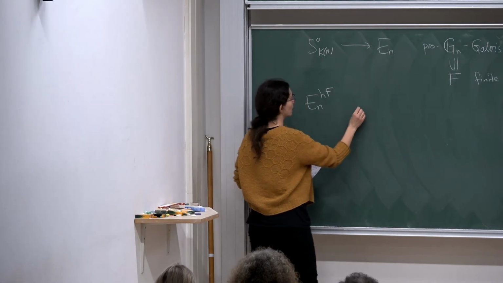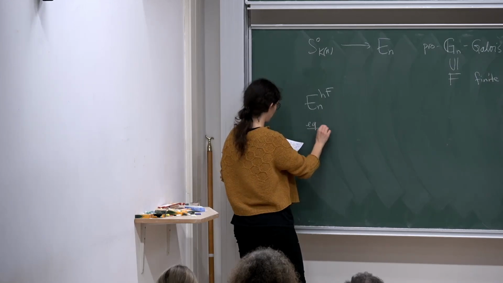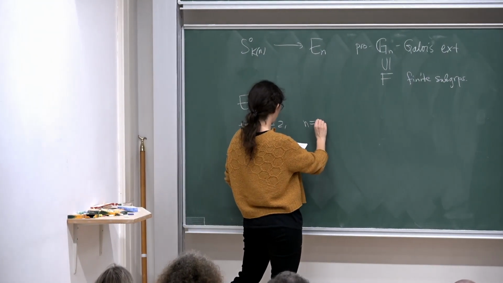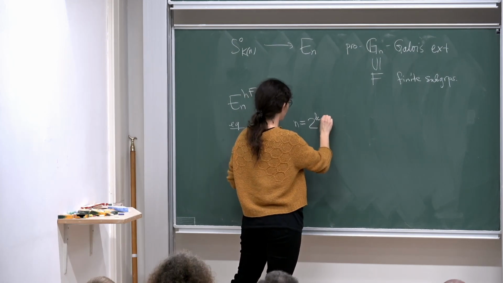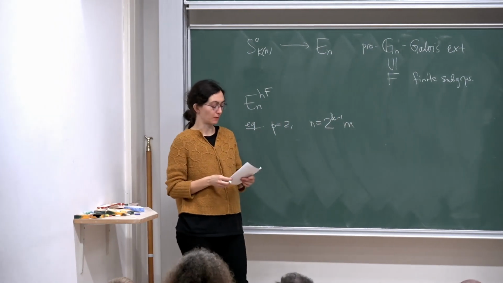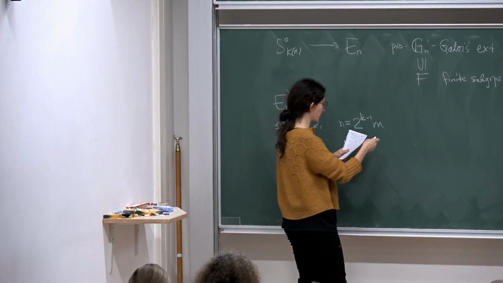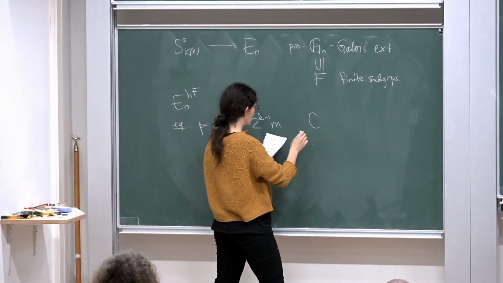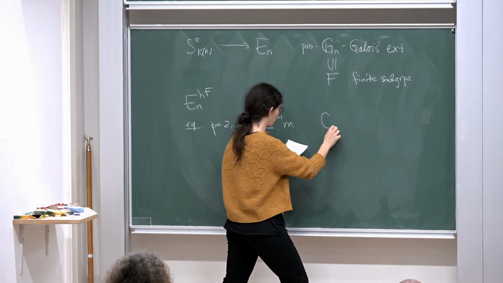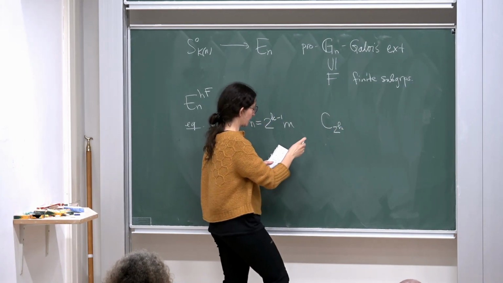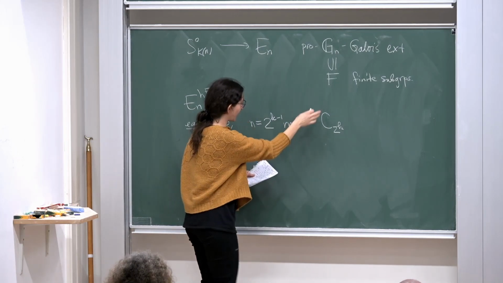If p is 2 and n is 2 to the k minus 1 times some number m, maybe we want it to be odd, maybe not. But if m is odd, then there's a maximal finite 2 subgroup inside. Yes, okay, well, I have too many caveats to your statement.